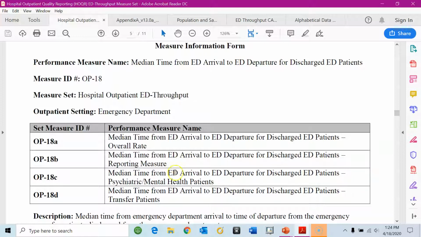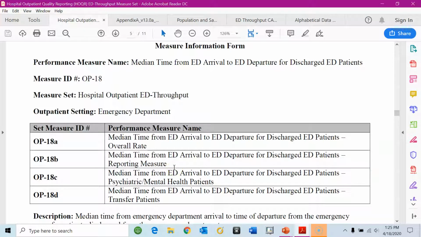So what CMS did is they break out, depending upon the ICD code that's entered, those patients out of the reporting measure, which is OP-18B. That's what you'll see on your reports, because they don't want to give you an inflated time of ED arrival to ED departure for patients who usually are there longer because of the uncertainty about where they might go. But none of that matters when you're abstracting.